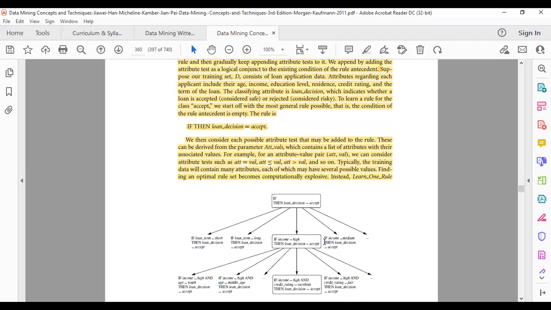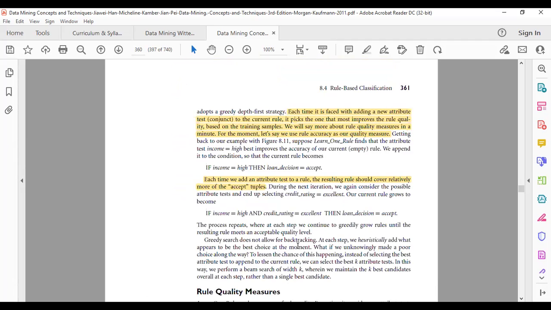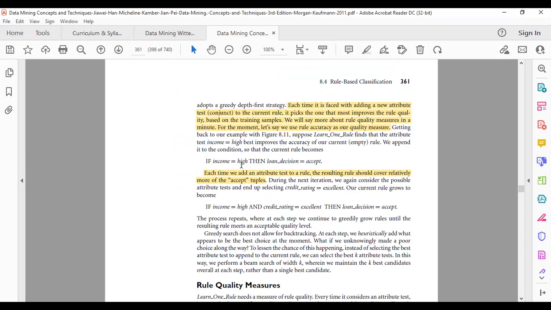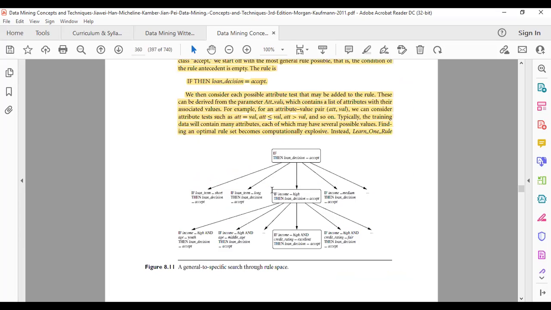Now, whichever attribute covers the maximum number of records, we will take that attribute and write the condition for that. So here we can see if income is equal to high, then loan decision is equal to accept, because for income is equal to high, most of the tuples have the loan decision equal to accept. Now similarly we will proceed further for every other branch.